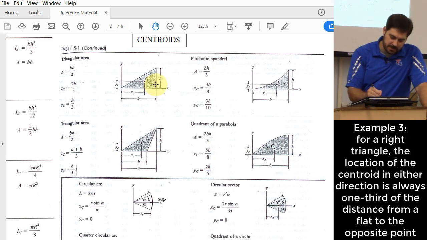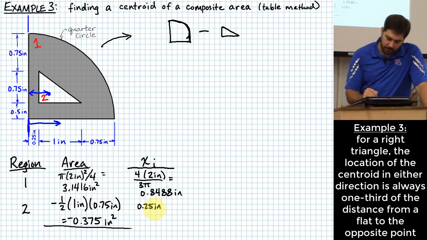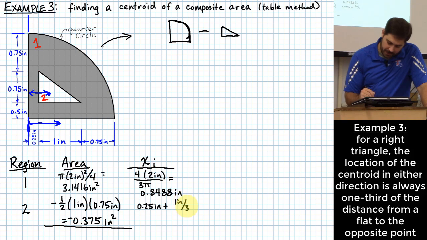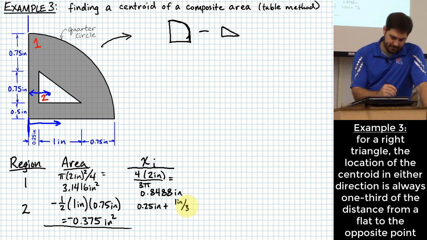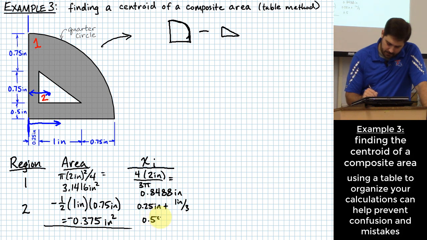If you're measuring starting on this side, you're only going to go 1/3 of the way to the point to get to the centroid. Right? And that's more like what we have in our case. So what we're going to do is go 0.25 inches plus 1 inch over 3. Okay? So 0.25 plus 1 over 3, 0.5833 inches.